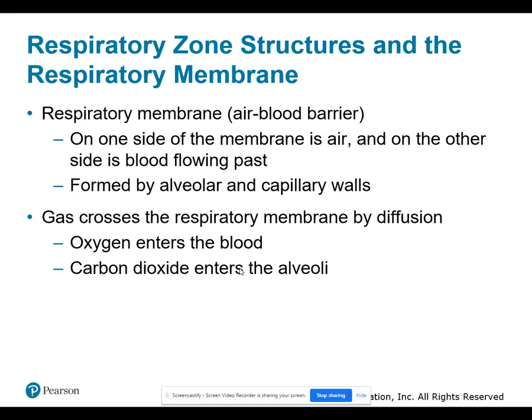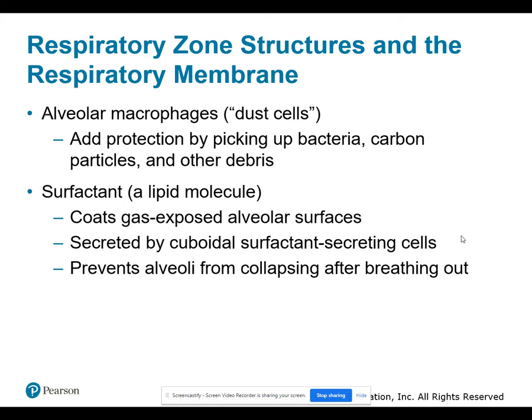So gas crosses this membrane by diffusion. Diffusion is usually a passive process, which means it doesn't require ATP in order for oxygen to move into the blood and carbon dioxide to move into your alveoli. So this process is passive.